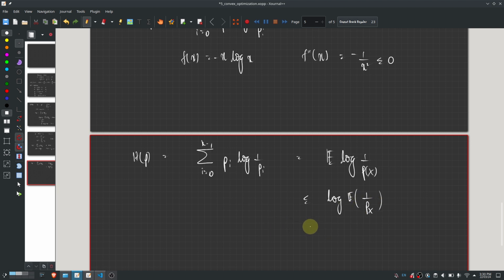But what is the expectation of 1 by p of x? It is summation i equal to 0 to k minus 1 of p_i times 1 by p_i. Both these cancel, and what remains is just k. So this is less than or equal to log k. You may have already seen this in your information theory class, but it's a nice simple application of Jensen's inequality.